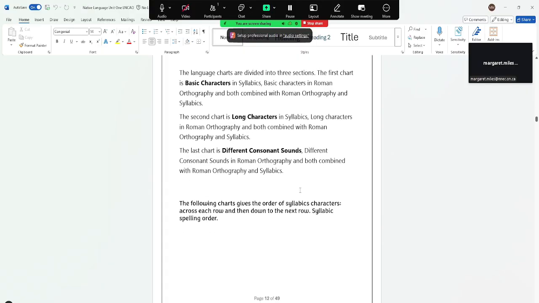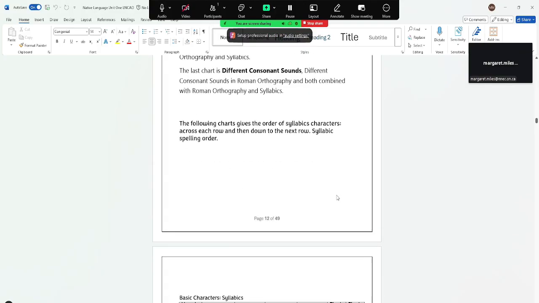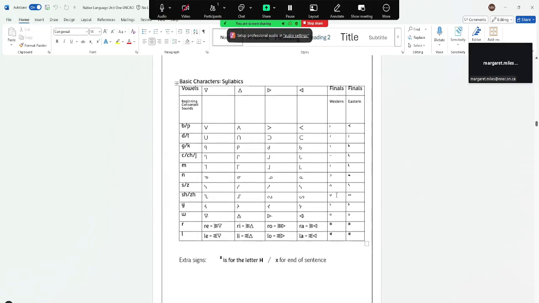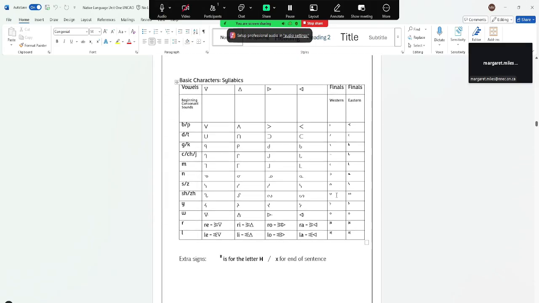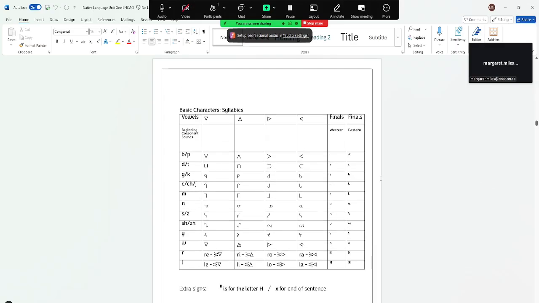So the following charts give the order of syllabics characters across each row, then down to the next row in syllabic spelling order. So the first one is in the example.